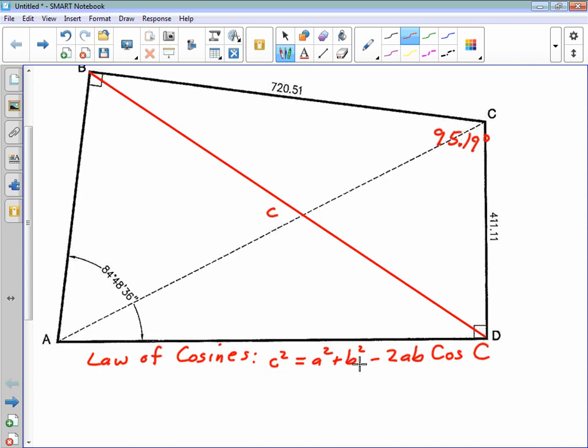Don't let the variables dissuade you. All you need to know is two sides and the included angle.